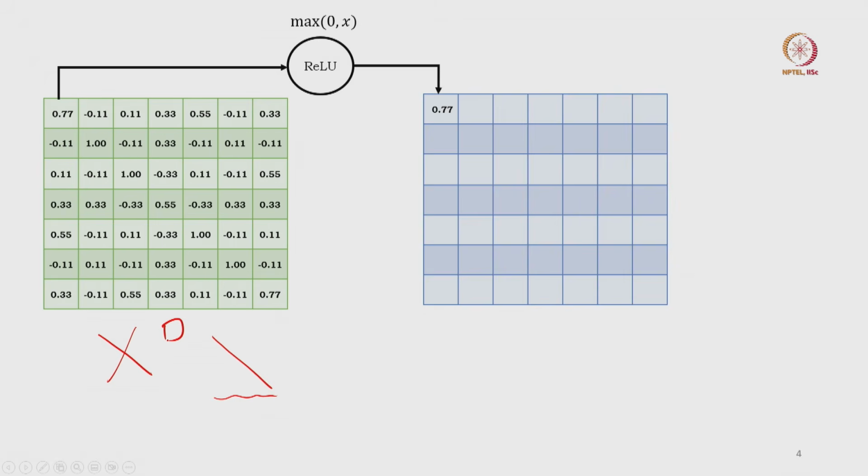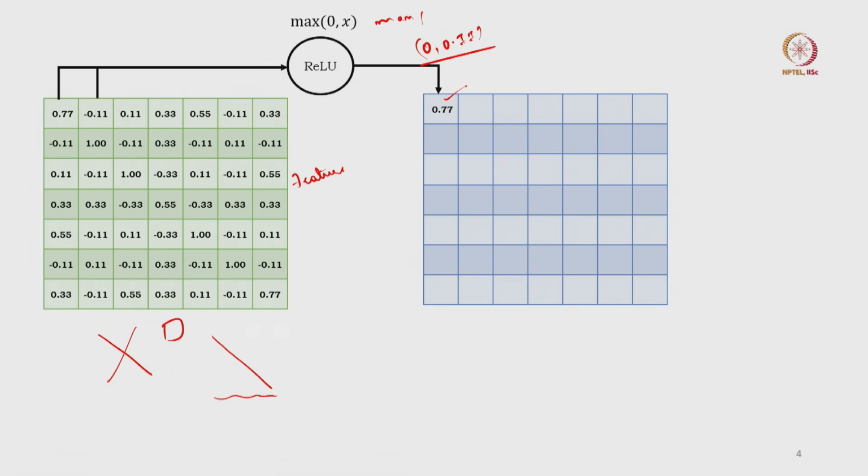Now in this there are so many values which are not at all contributing. So when you apply ReLU, this is the feature map obtained from a convolutional layer. When you pass it to a ReLU activation function, max of 0 and 0.77, the maximum between these two is 0.77.